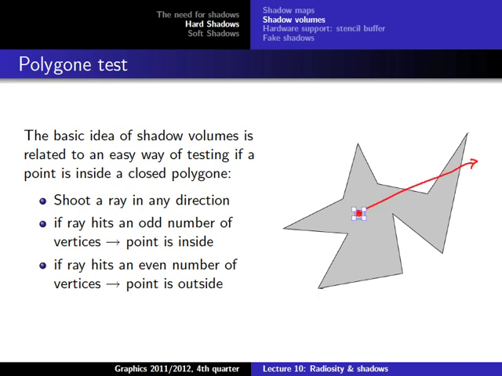Then we count how often we cross the polygon. If that number is even, the point is outside of the polygon, and if it is odd, it is inside the polygon. I was just in my head switching even and odd. That was wrong. So it's easy to see if we have a point here, no matter in which direction we shoot, we will always get an even number of intersections here.